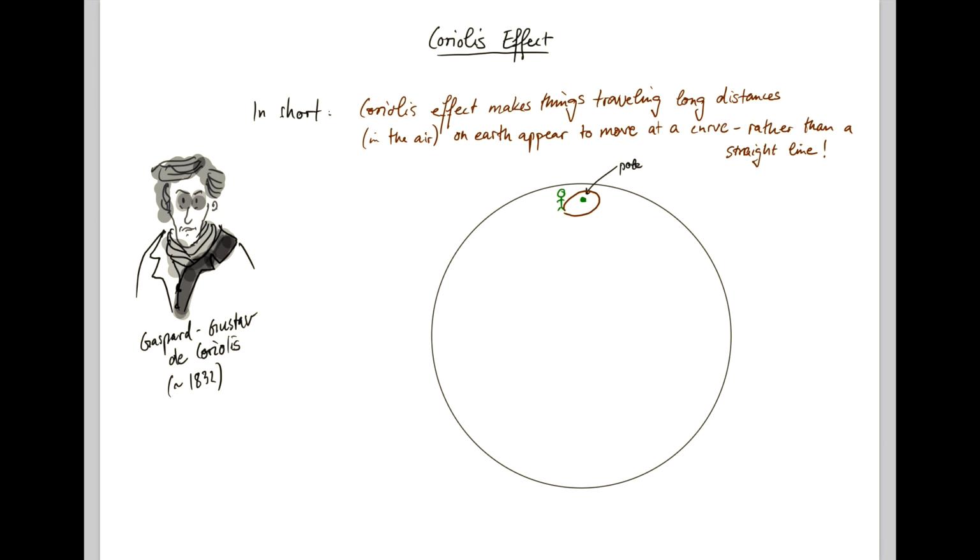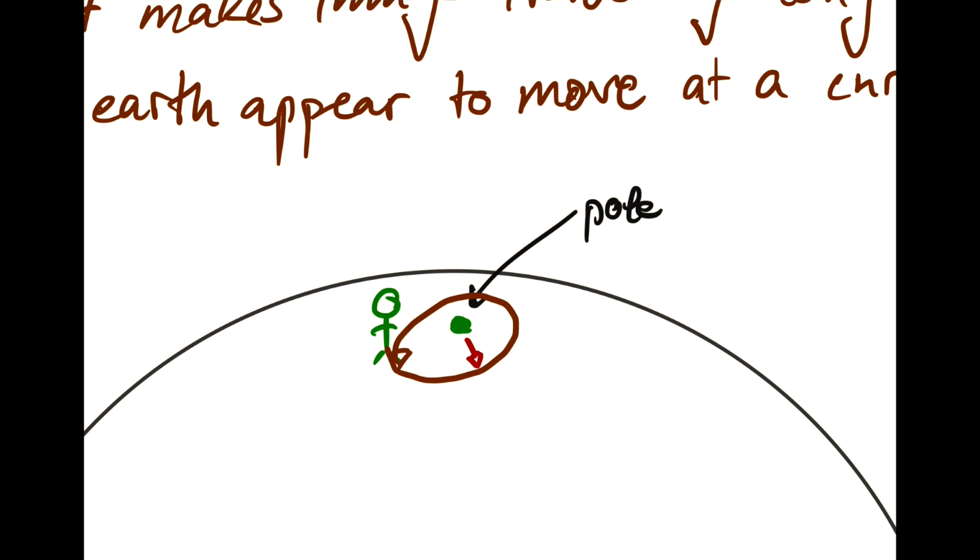So in one day they'll go around a circle, and the radius of this circle is 6 feet. So they will travel at a speed of 0.00005 miles per hour.